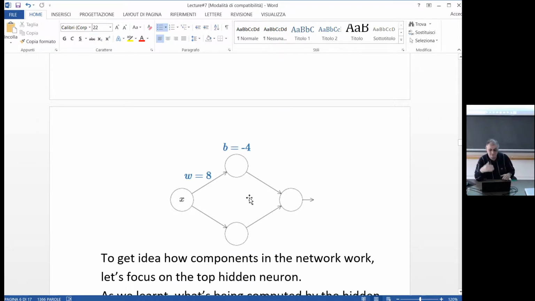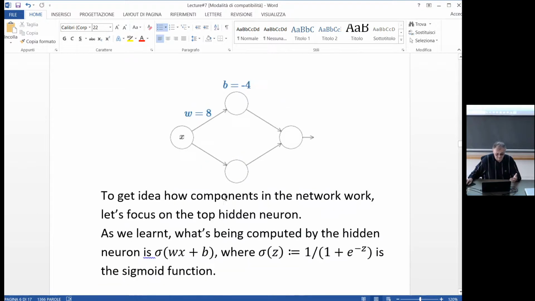We have this method to construct a network of any precision to calculate some function, and we can improve its precision by increasing the number of neurons in the hidden layer.